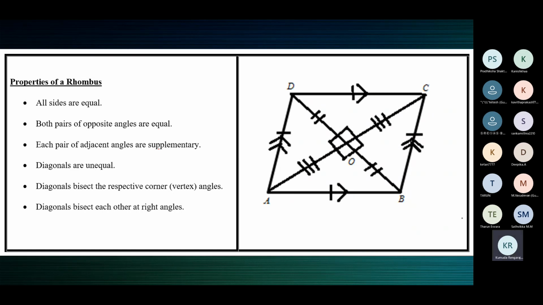In a parallelogram and rhombus, we have only 4. That is apart from trapezium and kite. Am I audible, children? Apart from trapezium and kite, we have these 4 quadrilaterals. Parallelogram, rhombus, rectangle, square. That's all. Rectangle, square we've been seeing since 2nd or 3rd standard, or I don't know, even LKG.